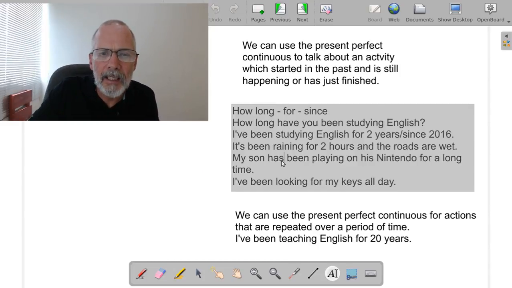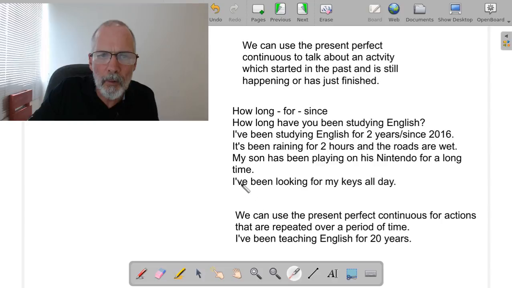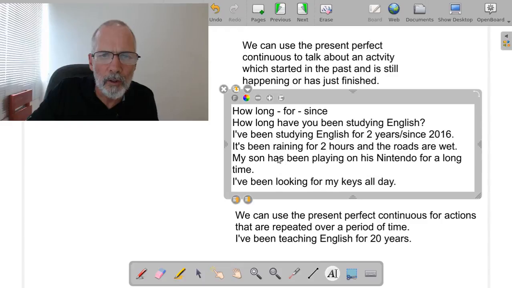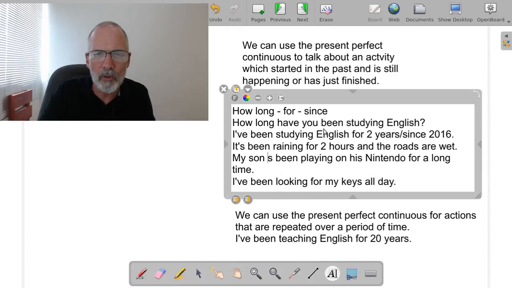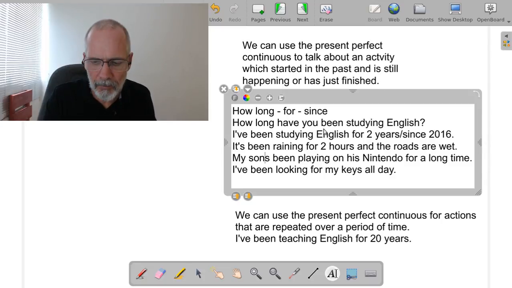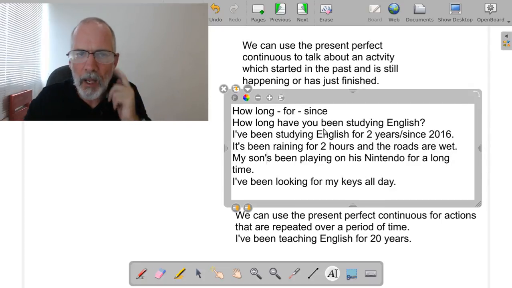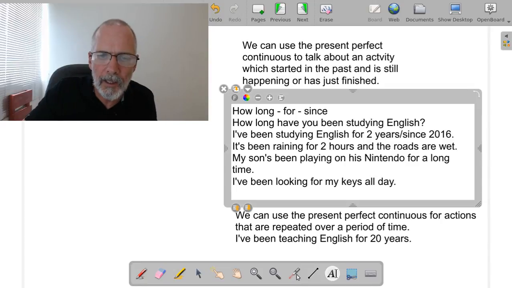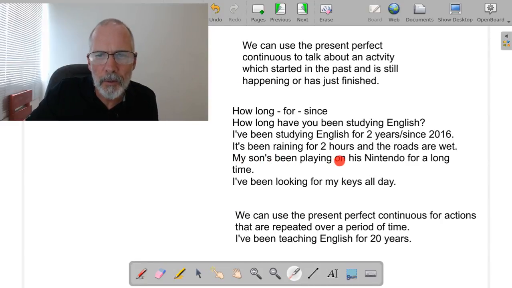In the previous one I used the contraction. Here I used the contraction. Here I didn't use the contraction, but probably here also I would use the contraction. We can use the contraction with proper nouns. We don't only have to use the contraction with pronouns. So we could say here, my son's been playing on his Nintendo for a long time.